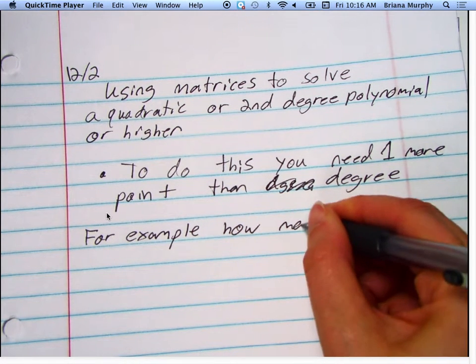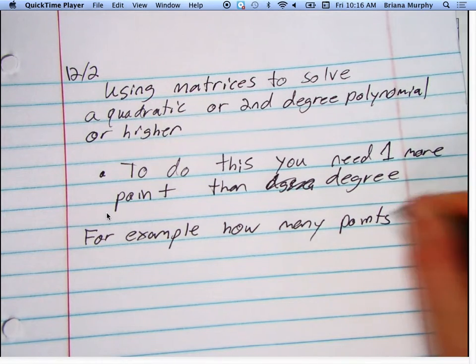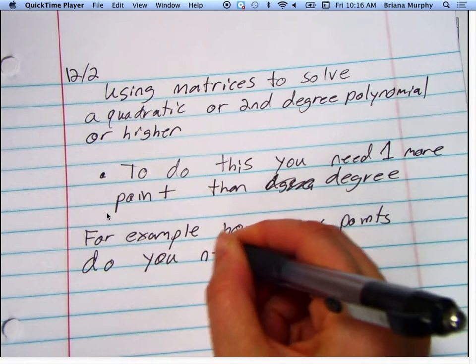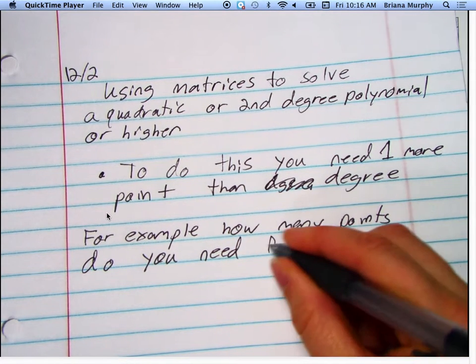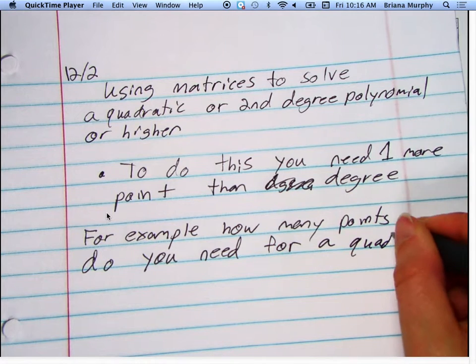How many points, this is a question for you guys, how many points do you need for a quadratic?